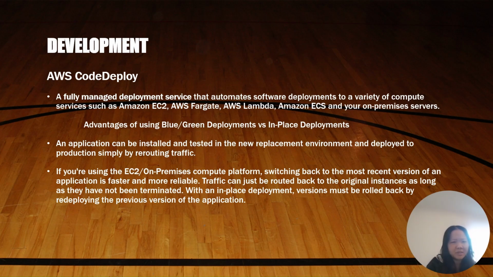If you're using the EC2 or on-premises compute platform, switching back to the most recent version of an application is faster and more reliable. Traffic can just be routed back to the original instances as long as they have not been terminated. With an in-place deployment, the version must be rolled back by redeploying the previous version of the application.